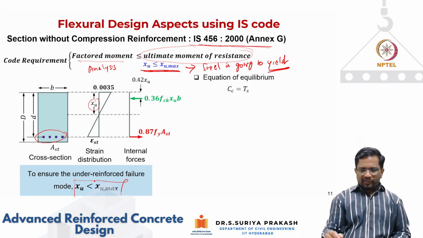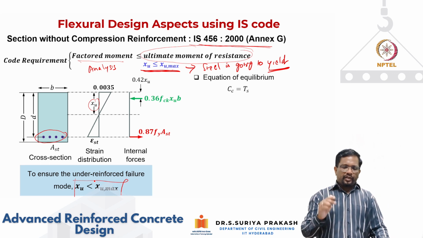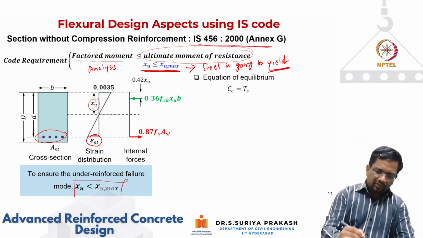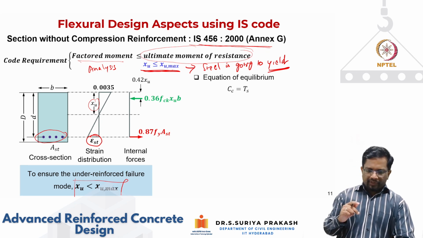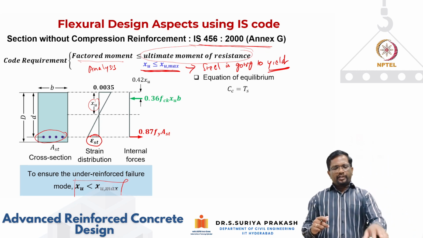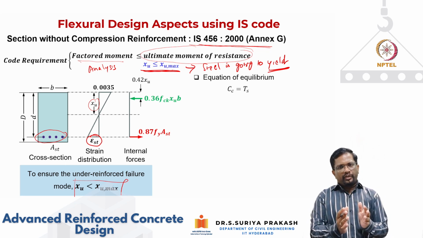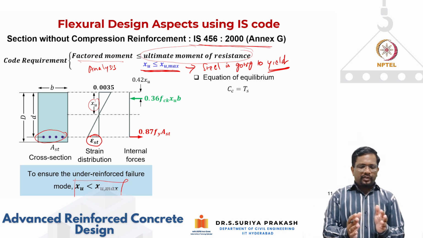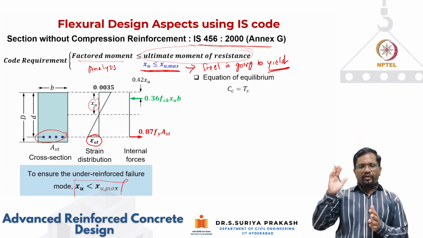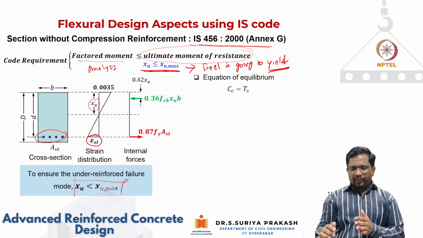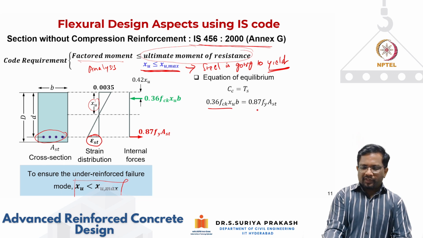Again, what is that xu max? xu max corresponds to the balanced failure condition, where we have fixed the strain to be equal to 0.002 plus 0.87 fy by Es. But in this case, I'm going to put steel lesser than the limiting reinforcement, in such a way that xu is going to be less than xu max, because xu at failure always has to be less than xu max.